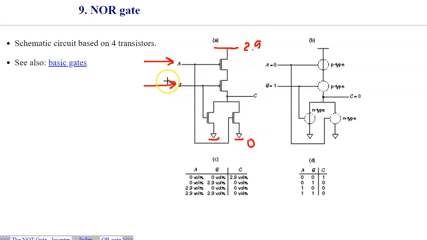If we follow all the possibilities of inputs at the A and B terminals, which could be 0,0, 0,1, 1,0, and 1,1, we can follow the logic and discover in every single situation that the behavior of these transistors, which are simply switches that open or close the circuit, will produce these outputs. And so this is the implementation of a NOR gate.